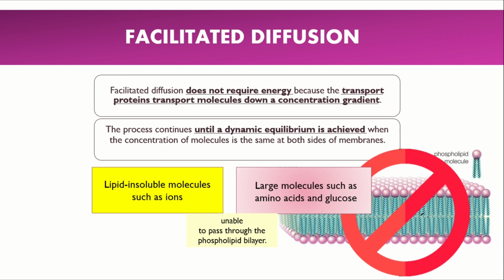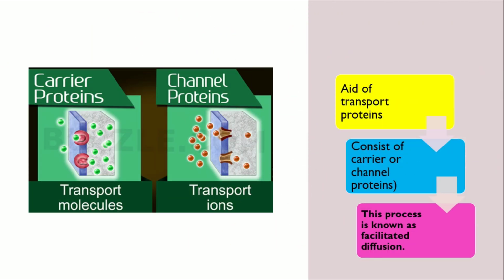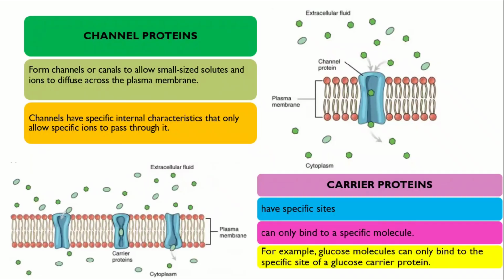So, lipid insoluble molecules such as ions and large molecules such as amino acid and glucose are unable to pass through the phospholipid bilayer. So this type of molecule has to use facilitated diffusion, which consists of carrier or channel proteins. Channel protein forms a channel or canal to allow small solutes to cross the plasma membrane.